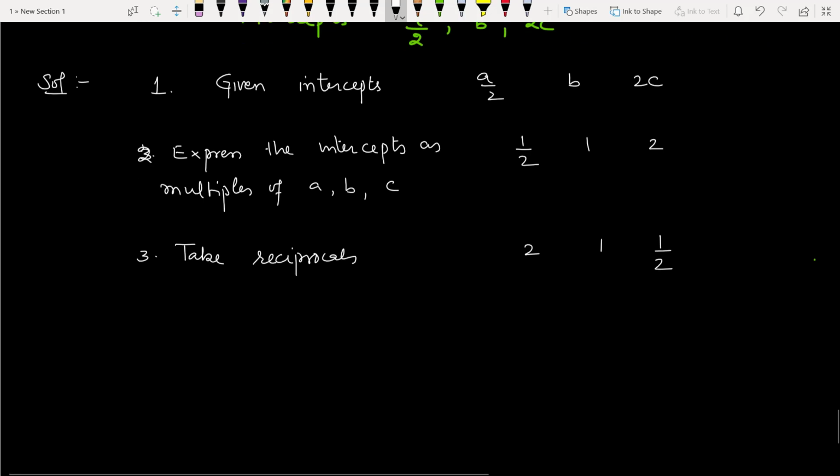Convert to lowest integers. So by which number should we multiply so that these 3 will be converted into lowest integers? 2.